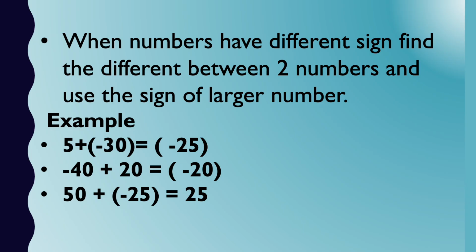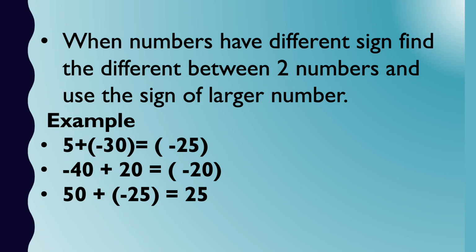Okay? So we are going to talk about the examples. What is the first example? The first example is 5 plus minus 30 equals minus 25. Now we are going to talk about how we get this number. Remember, when numbers have different signs, find the difference between the two numbers.